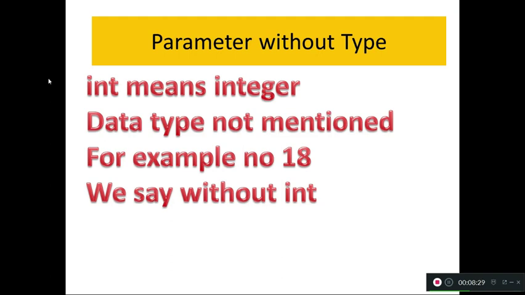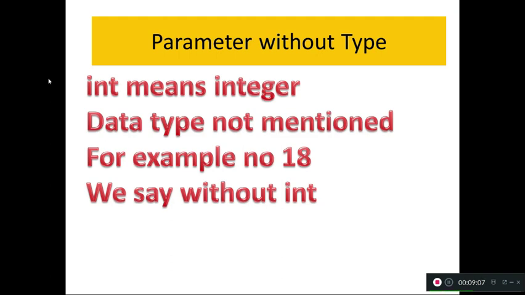Int, float, char. Int means integer data type. Float means floating point, fractional numbers data type. And non-numeric information can be given as char. In my example, I simply say it without specifying int, here only the number 18. So we say without int. This type we call parameter without type. Parameter without type means we do not specify the integer.